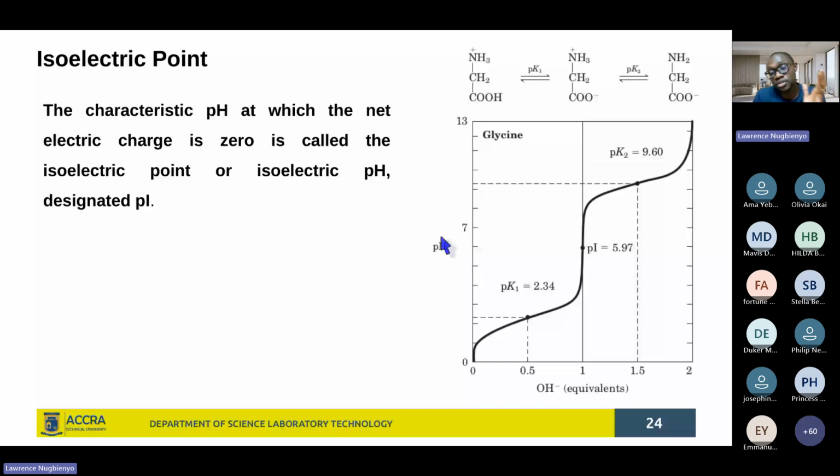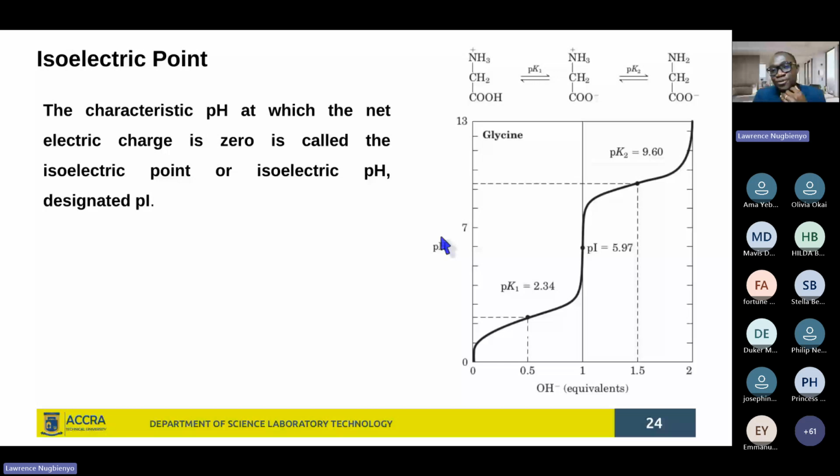Or even you can have an isoelectric point of a protein solution, and that will be the pH at which the protein solution will be having all amino acids that are in it being in their zwitterionic forms, which means the net charge will be 0.